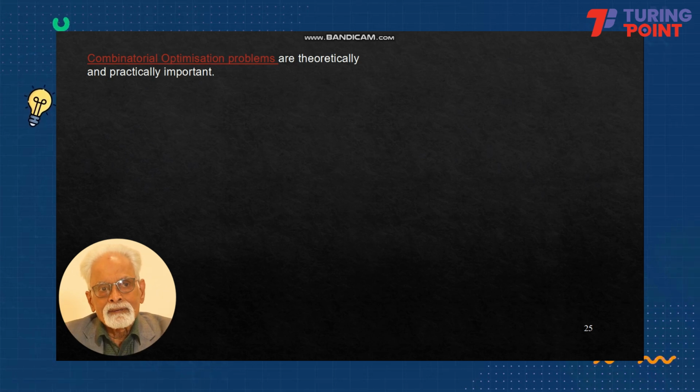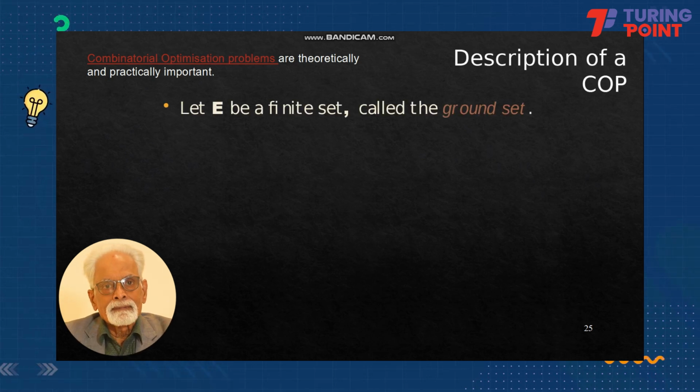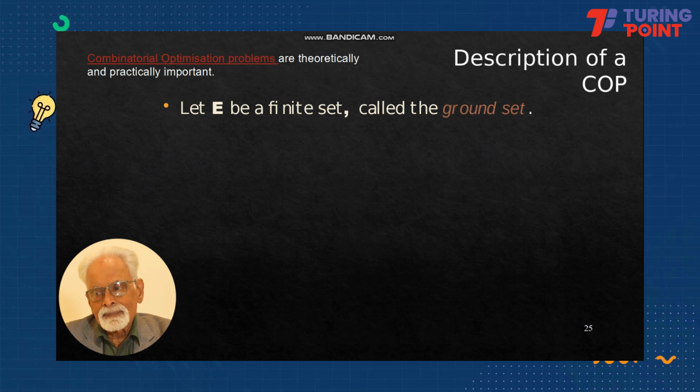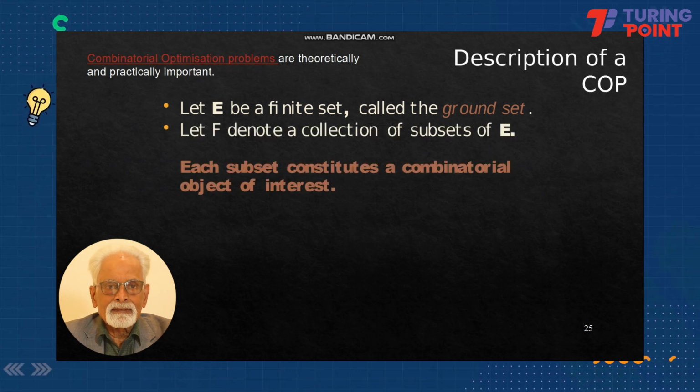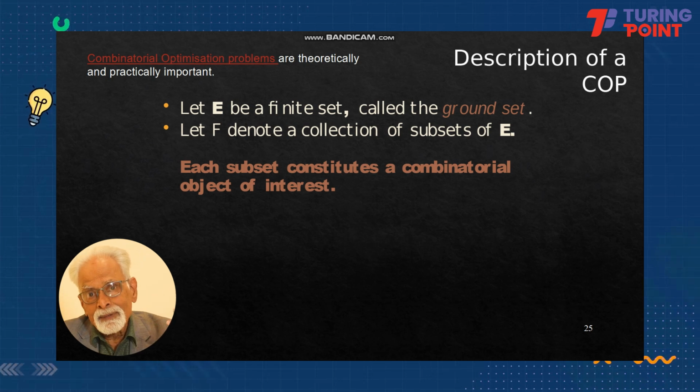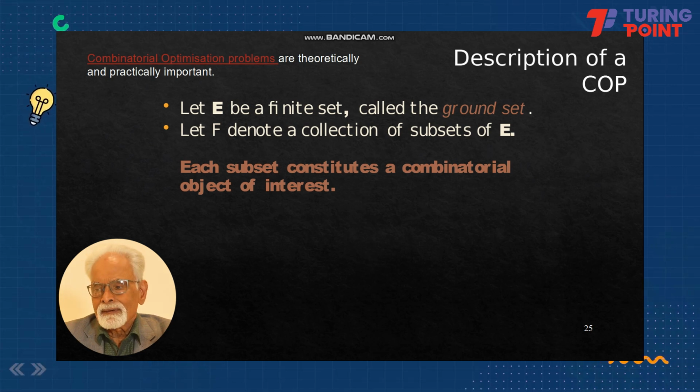You have a finite set, we call it E, also called the ground set, and we will be considering a collection of subsets of this finite set, we call it F, and that's our object of interest. Each subset constitutes a combinatorial object which we are interested in.